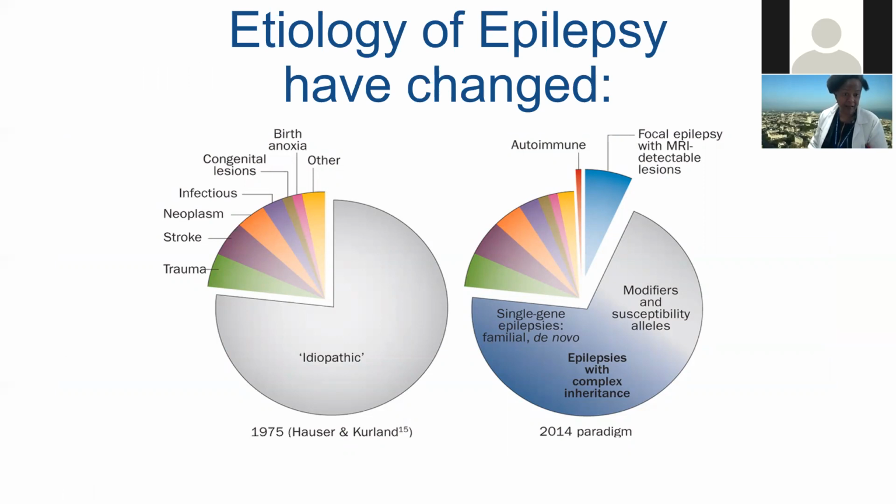And these patients were labeled as idiopathic, meaning we do not know, okay? There were other causes like trauma, stroke, tumors, infectious disease, congenital lesions that we were able to diagnose at the time with the rudimentary radiology that we had at the time. Those with hypoxia, and there were other etiologies, right? This is what we knew then.